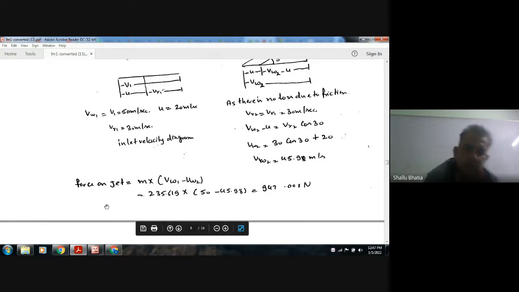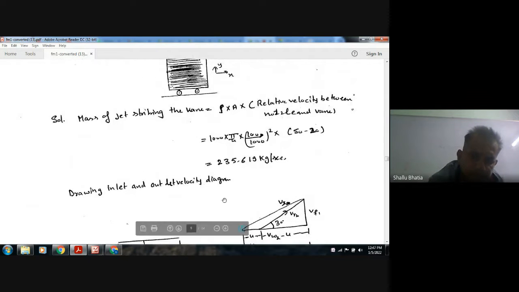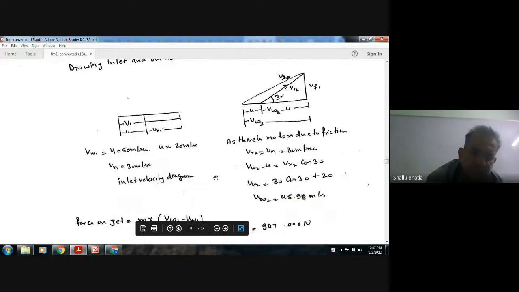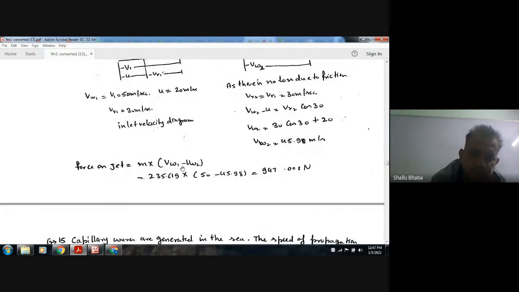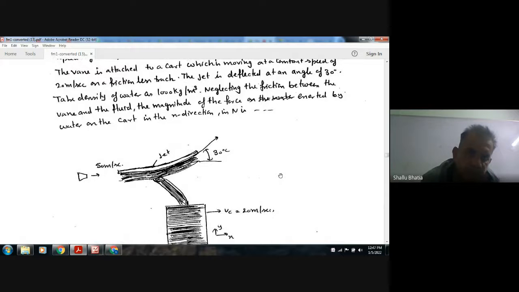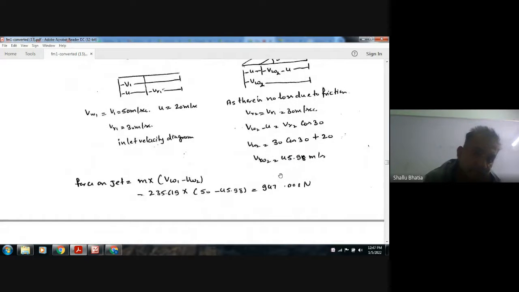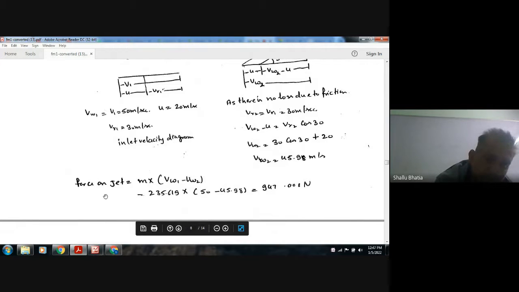So the force on the jet is the mass flow rate times the change in velocity, where VW1 is the initial velocity and VW2 is the final velocity. So the force on the jet is 947, and according to Newton's third law, the force exerted by the cart on the jet is this, so the jet will exert the same force on the cart.